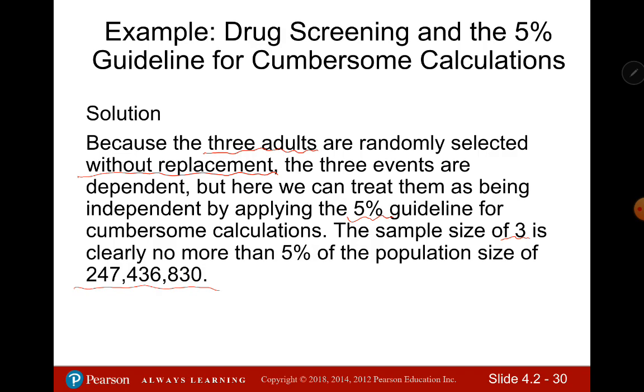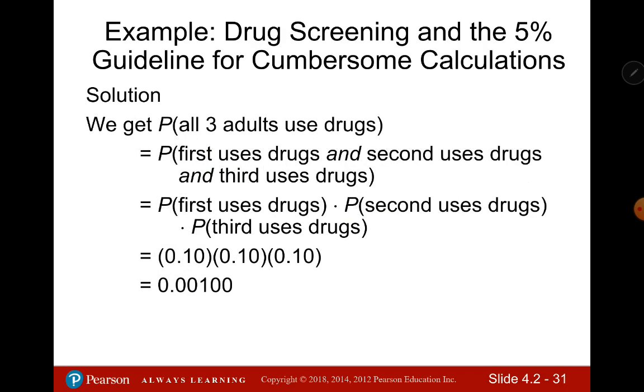So we can treat all of the events as independent. So the case will be first uses drugs, and the second uses drugs, and the third uses drugs. We already know 10% of the people use drugs, so we use the probability 10%.